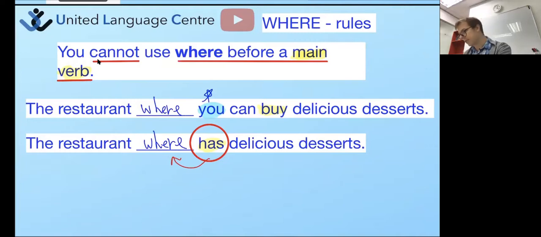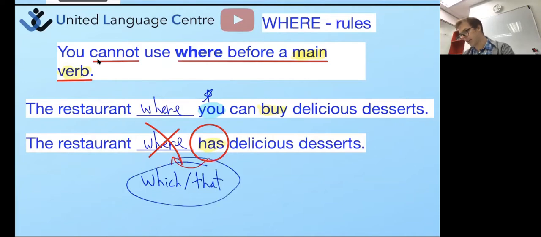But if you have the verb right after the where, it's not okay. I have to erase my where. So this one, no where. I have to use the word which or the word that if there's a main verb directly after. Which, that, then, has.